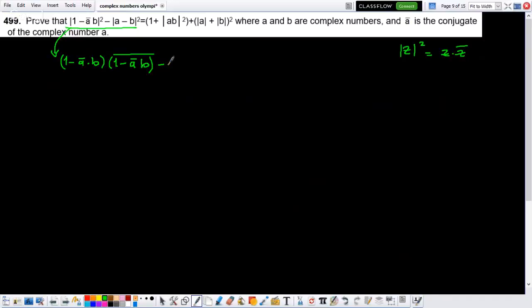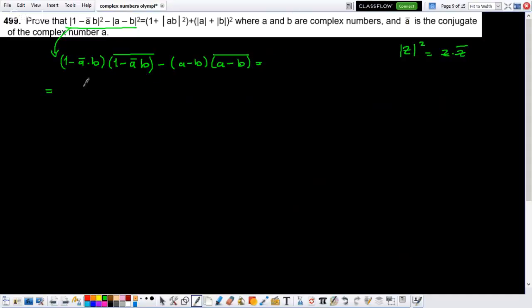It's going to be same for the second one also: a minus b times a minus b conjugate.